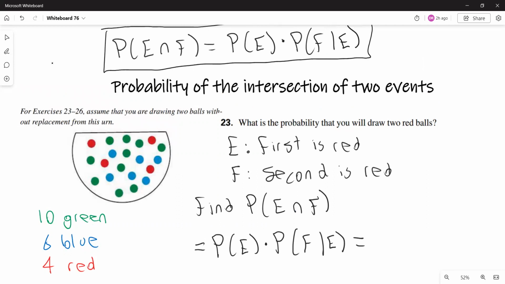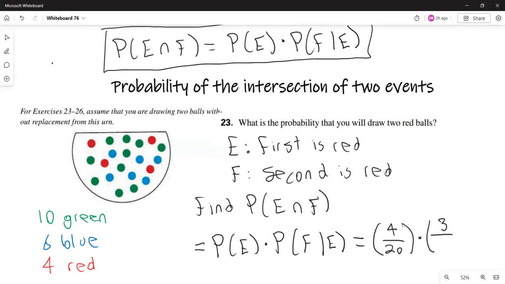So the probability that the first ball is red is 4/20. There are 20 balls, 4 of those are red. And the probability that the second ball is red, given that the first one is red. So if you know that the first one was red, you have 3 red balls left. So by the way, without replacement means that once you select one, you don't put it back. So if there are 20, you select one, there are 19 left.